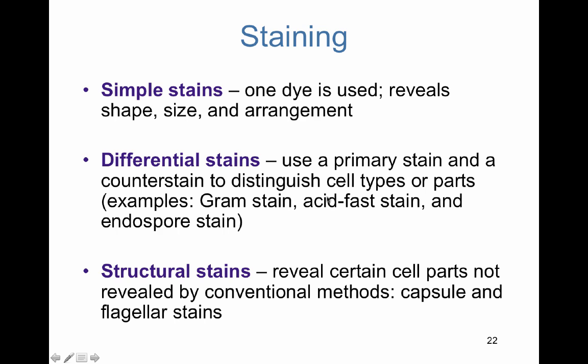The Gram stain, also acid fast. This is another differential stain. This can tell us whether we have acid-fast positive or acid-fast negative cells. The thing to remember here is that acid-fast positive cells have what we call mycolic acid in their cell walls. Gram stainers do not. We also have the endospore stain, which will specifically stain endospores, which are dormant bacterial cell types.